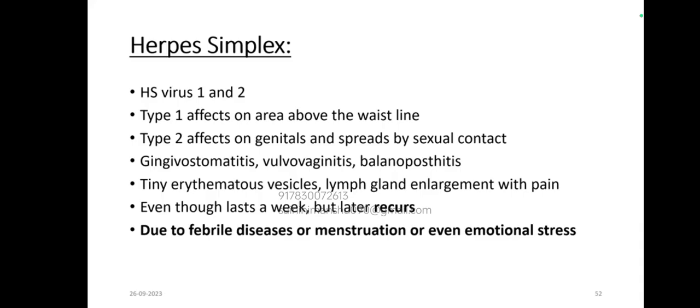Even though the condition is waxing and waning in nature, it has a very recurrent history, and it has a few exacerbating factors in females in the form of menstruation and emotional stress. So HSV2 can be diagnosed clinically itself. For confirmation, we can send the patient for laboratory investigation for HSV directly.